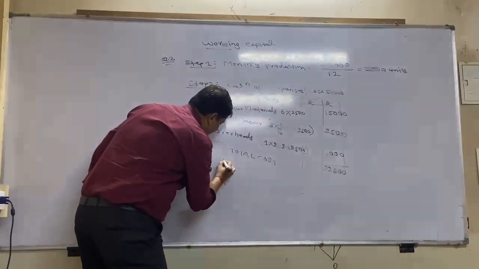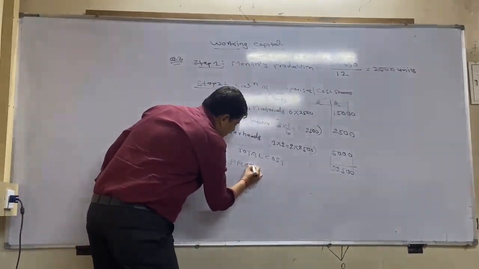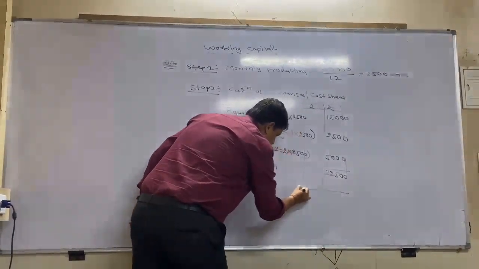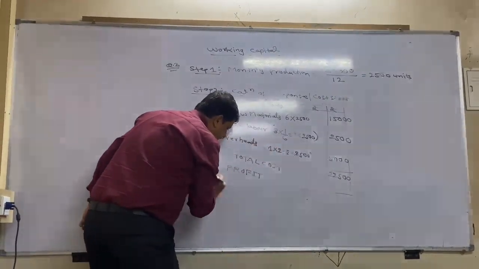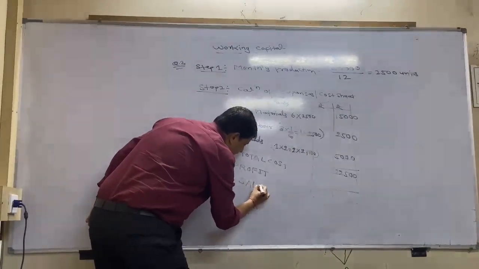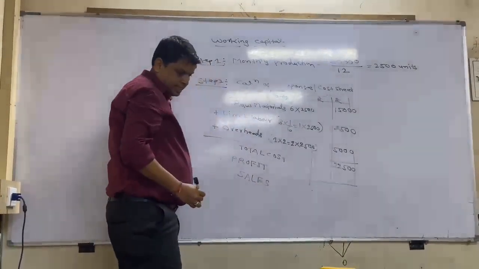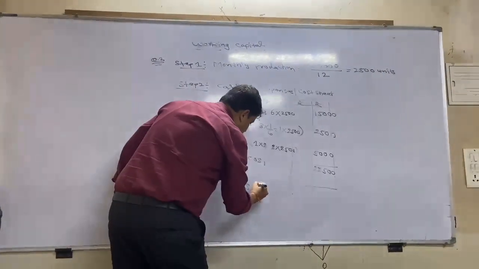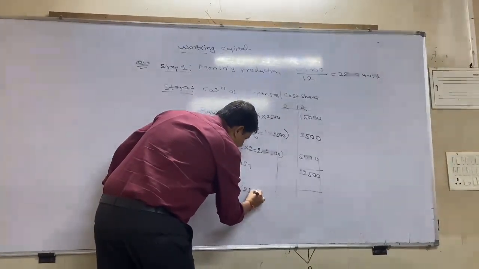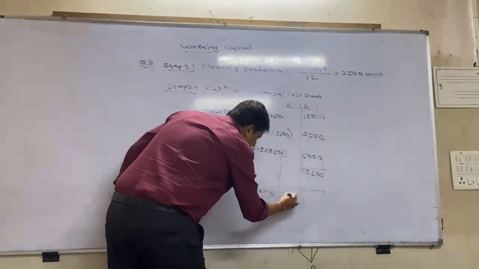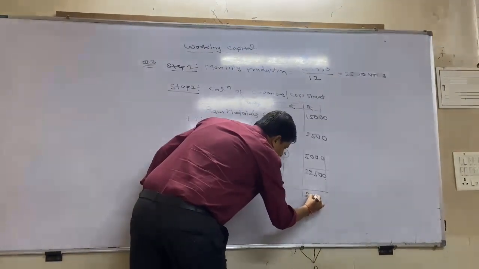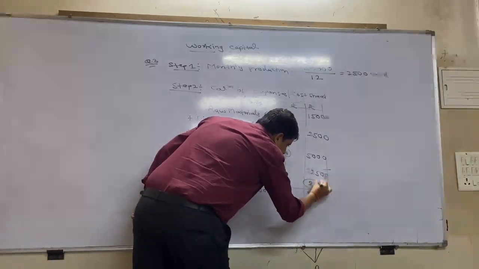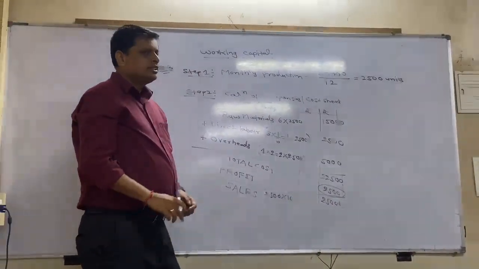And to that I am going to add the profit. After adding the profit, I will get the selling price or sales. Sales is how much? Selling price they are saying is 10 rupees. So 2,500 into 10 comes to 25,000, and the balancing figure is nothing but profit, that is 2,500.